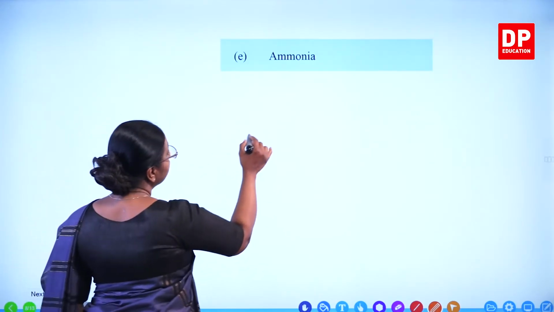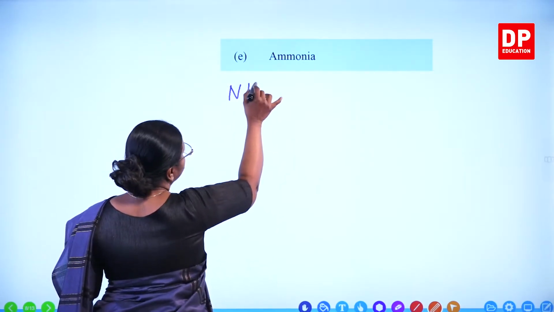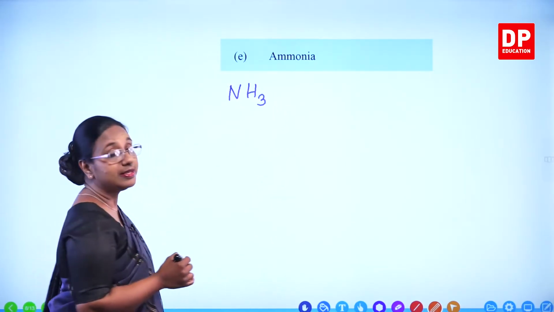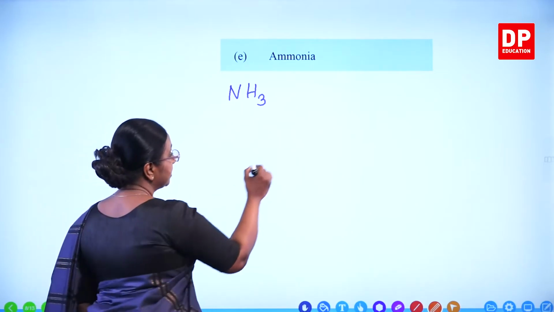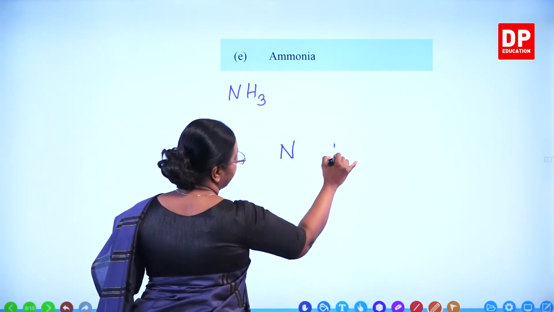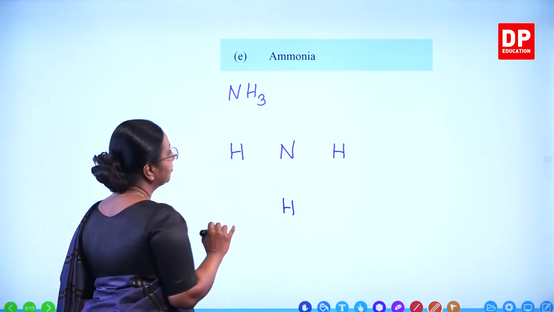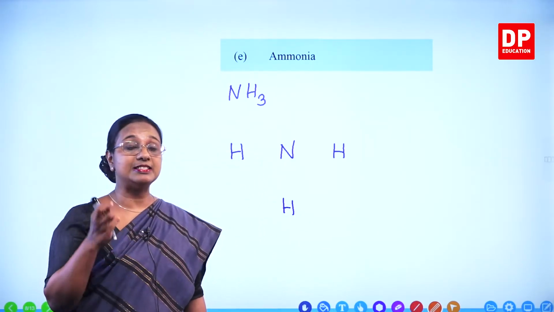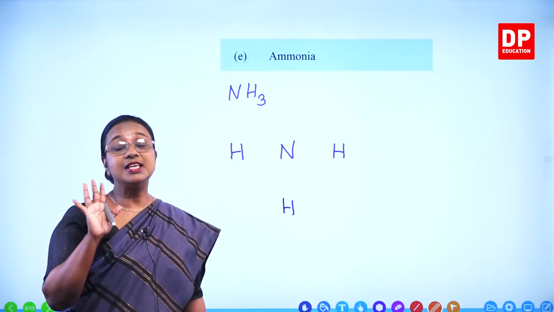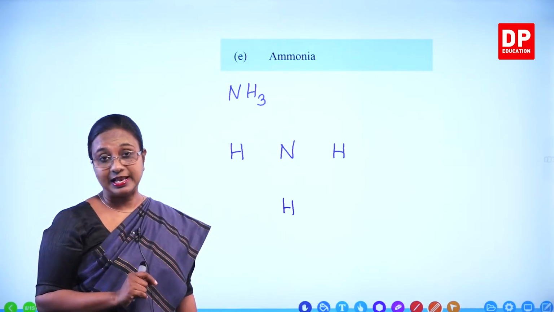So in ammonia you can remember NH3. What is the central atom? It is nitrogen. So we have the 3 hydrogens like this, and you can remember nitrogen valency 3, but it has 5 electrons in its valence shell.